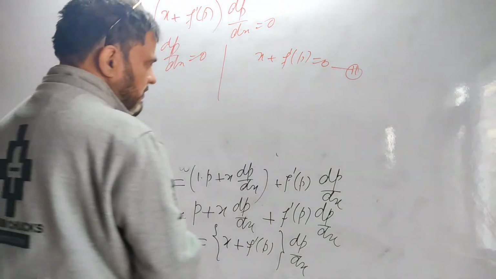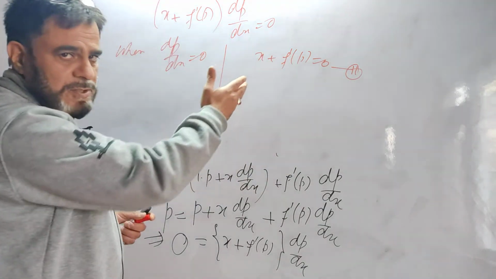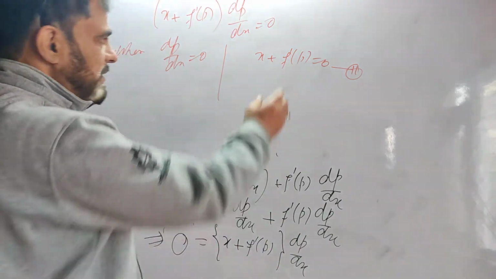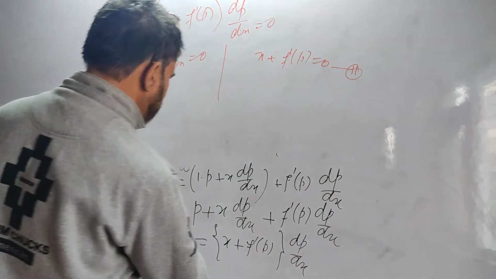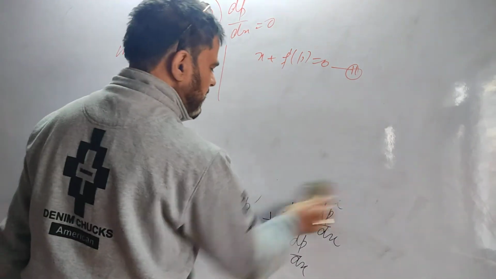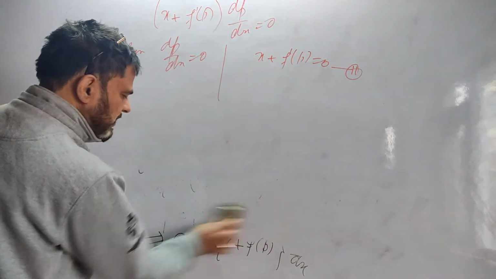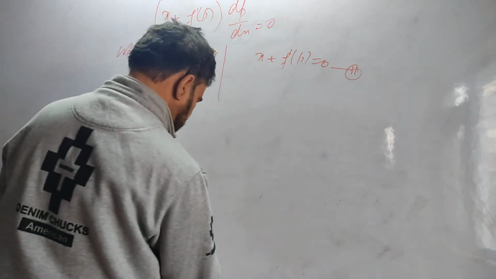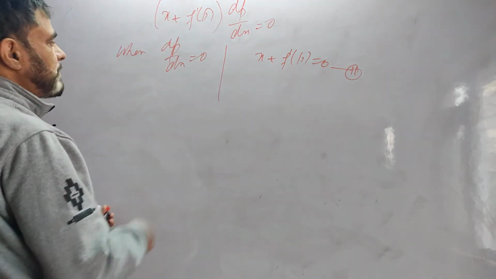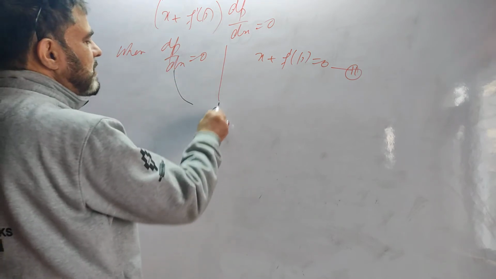We take this, even we can get p from this also. If we eliminate p between this equation and the given equation, that will be the singular solution. We may require it in certain cases.